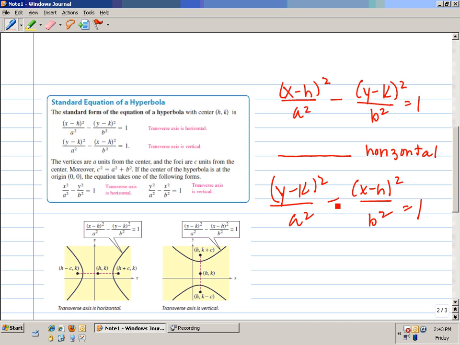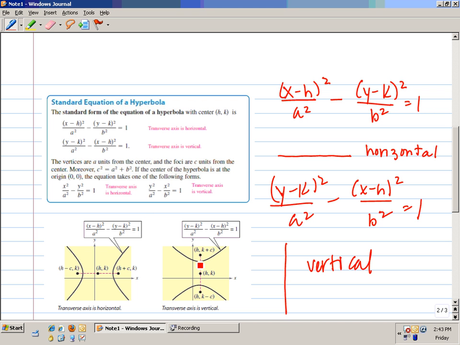So here, because y is positive and x is negative, then that means y is going to be our transverse axis, and it's vertical. So that's the easy way you can tell which is which. Same holds true if the center of our hyperbola is at the origin.